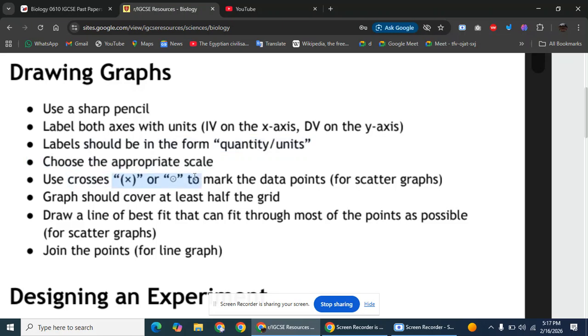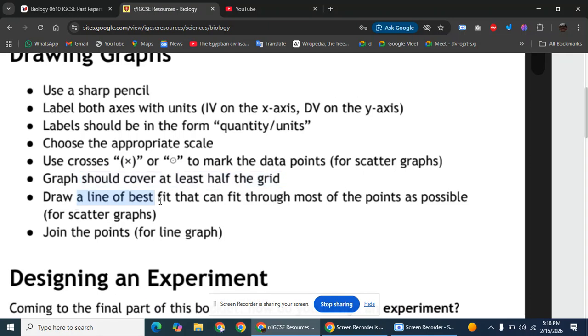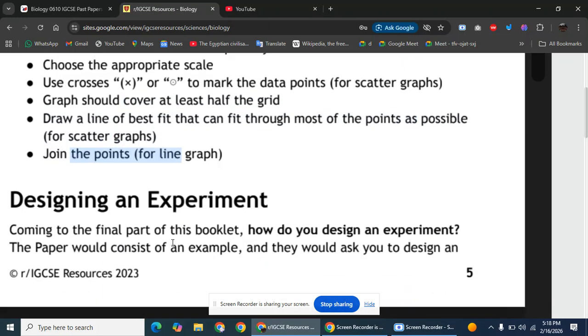Use crosses or dots to mark the data points for scatter graphs, though crosses are mostly advised. The graph should cover at least half the grid. Draw a line of best fit that passes through as many points as possible, and join the points for a line graph.